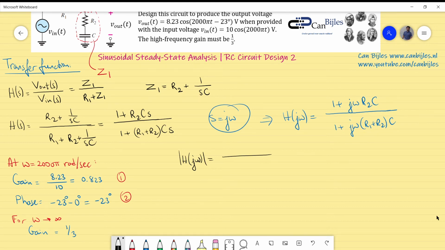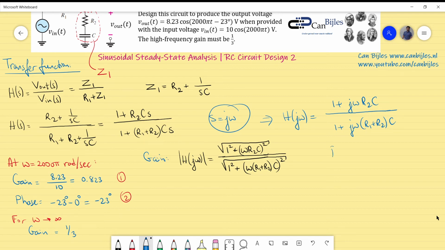So it will be the square root of 1 squared, which is just 1, plus (omega R2 C) quantity squared, divided by the exact same procedure, 1 squared plus (omega times (R1 plus R2) times C) quantity also squared. Alright. And for the phase, this is gain. By the way, this is gain.